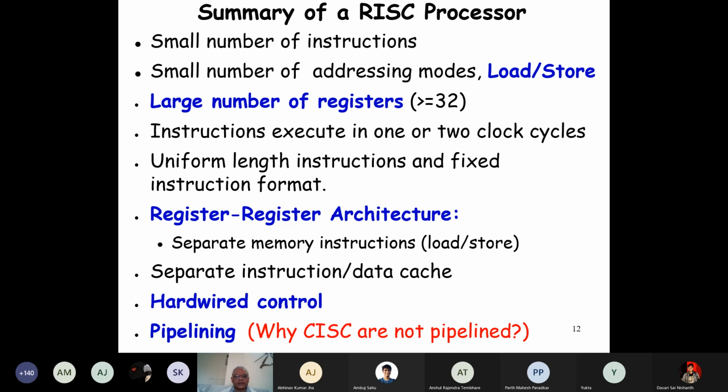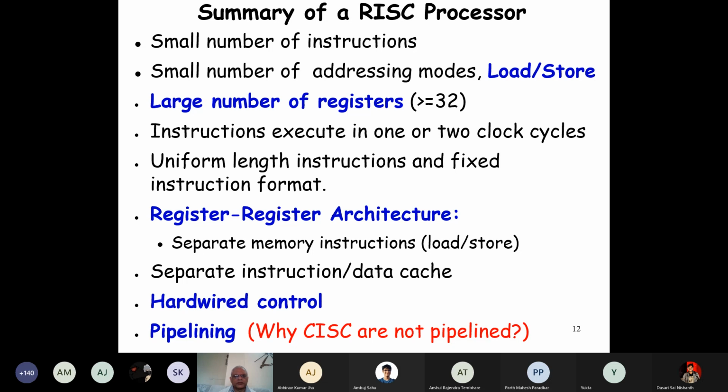The RISC processors execute in 1 or 2 clock cycles. That means each instruction is a simple instruction like add, subtract, etc. Whereas in CISC, some of the instructions were extremely complex. Some were doing add and so on, and some were doing string comparison. Some instructions used to take 1 cycle, another instruction may be taking 32 cycles, or maybe 128 cycles and so on.